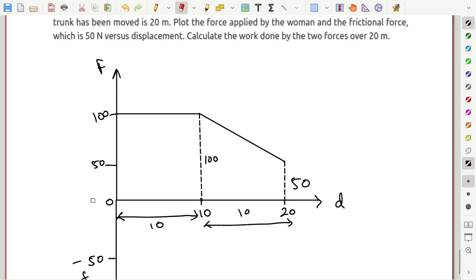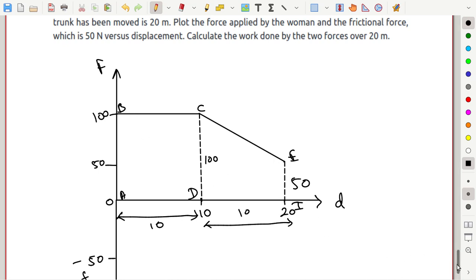Let this be A, B, C, D, and let this point be E, and this point is I. I am using the names given as they are in your book.